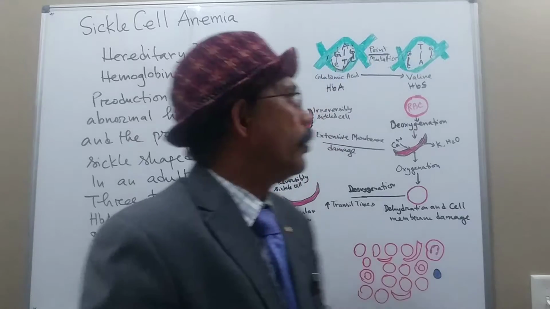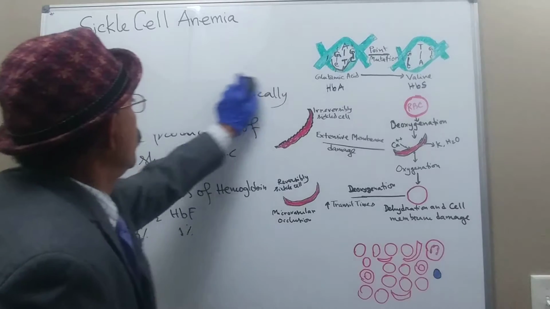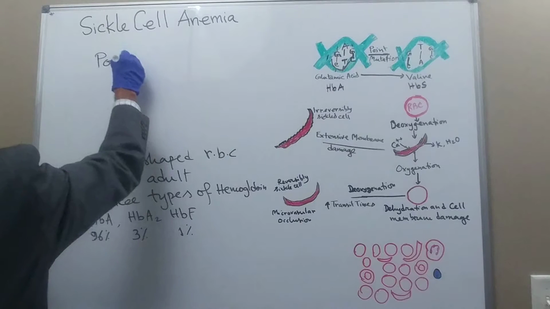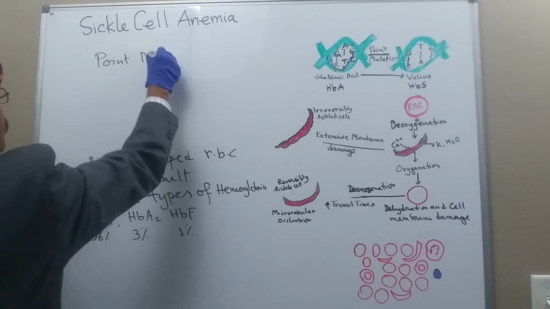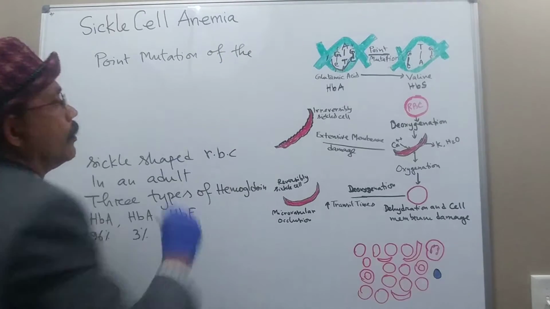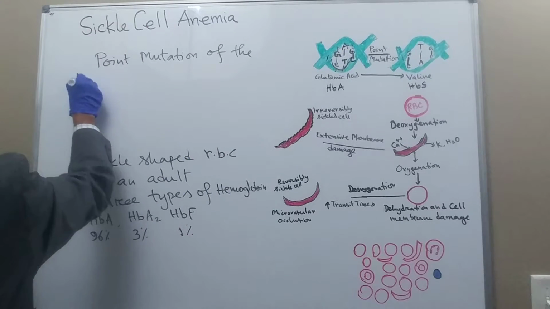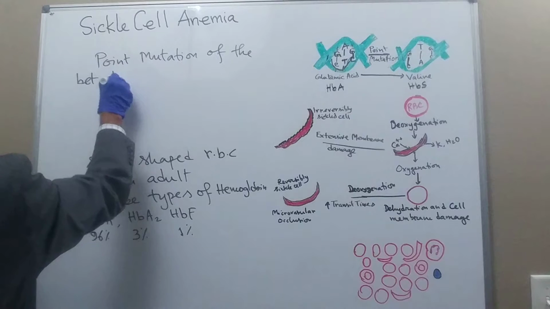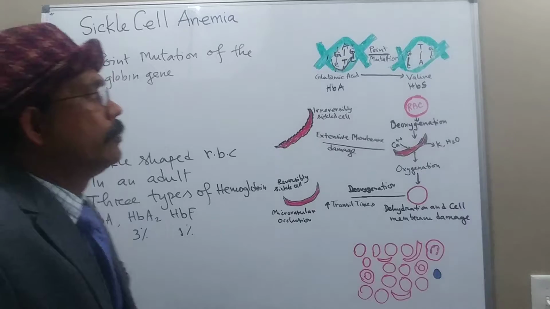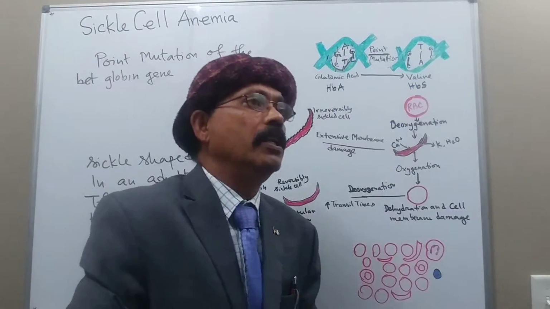So what happened in sickle cell anemia? There is a point mutation of the beta globin gene, so the glutamic acid is replaced by valine.